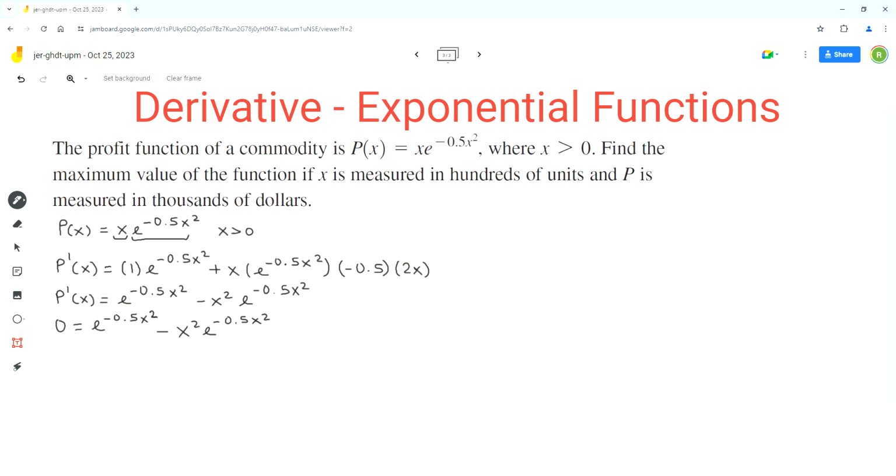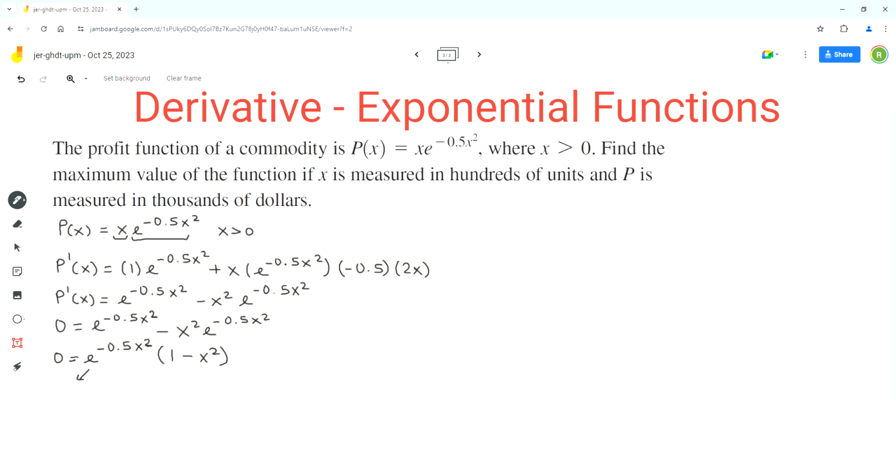So we have to solve this equation. For that we should factor this equation. We can do common factoring. We can factor out the e term. And we are left with, now we can solve this equation by analyzing the cases.